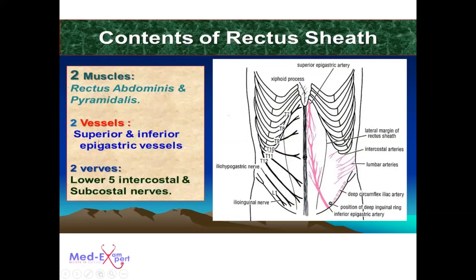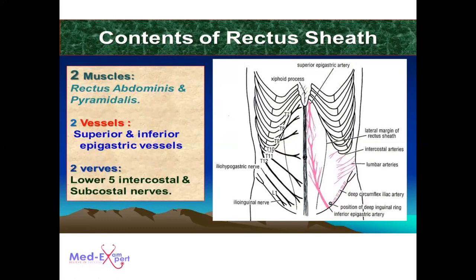Number 2, the 2 vessels, which are the superior and inferior epigastric vessels. The inferior epigastric vessel comes from here, and we will talk later about where exactly it originates. The superior epigastric vessel comes from the internal thoracic artery. They form an anastomosis in the posterior part of the rectus sheath.